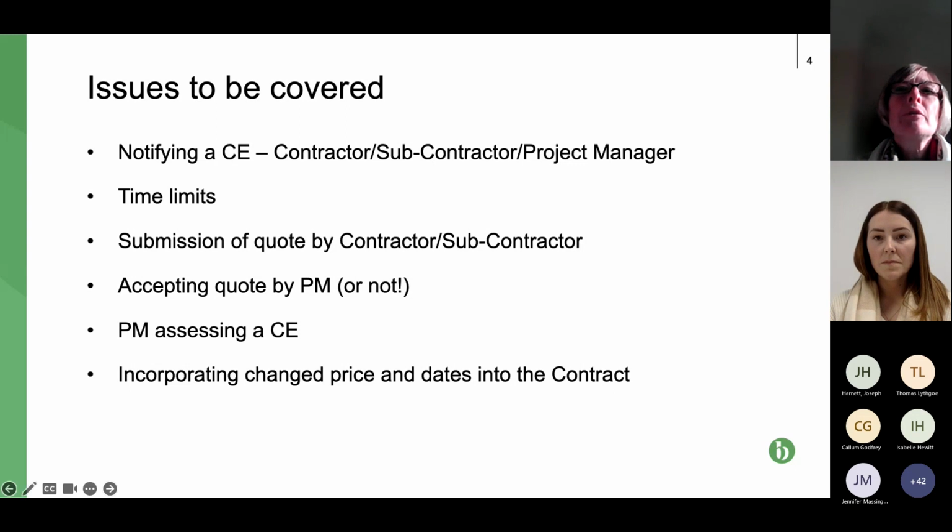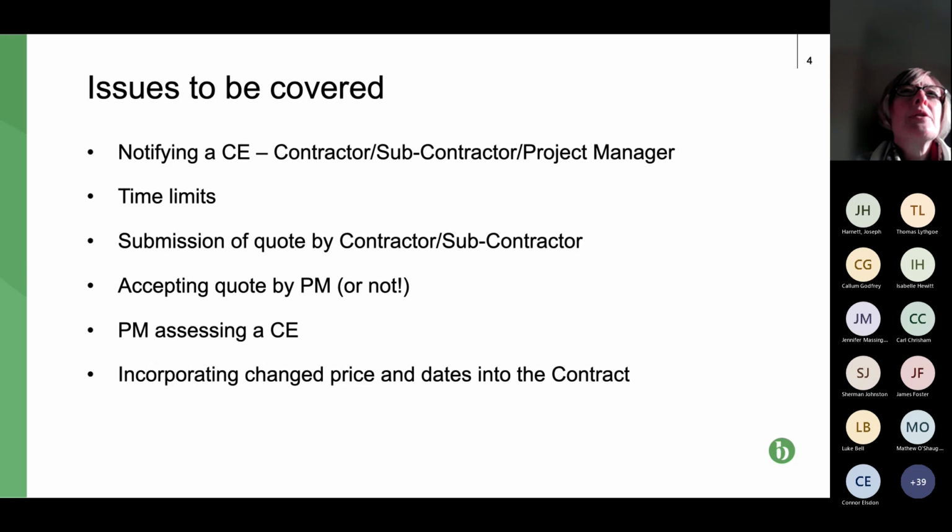So what are we going to be looking at? We've got a number of clauses, so they're all within the clause 6 section, so 60, 61, 62, 63, 64, 65, dealing with compensation events. What we're looking at today, and really this is a little two-part series of seminars within our whole series this year, is compensation events in terms of the process.